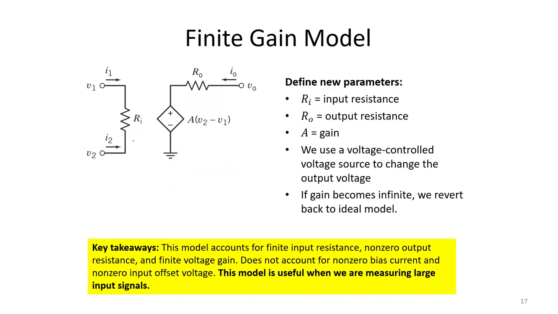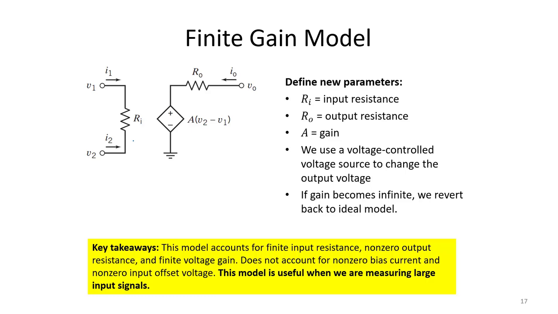Let's now consider the second model, the finite gain model. When would we use this model? The finite gain model actually becomes important when we're working with very large input signals. We mentioned before that ideal operational amplifiers behave a lot like voltage-controlled voltage sources.